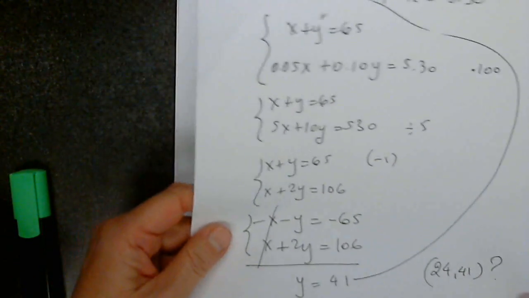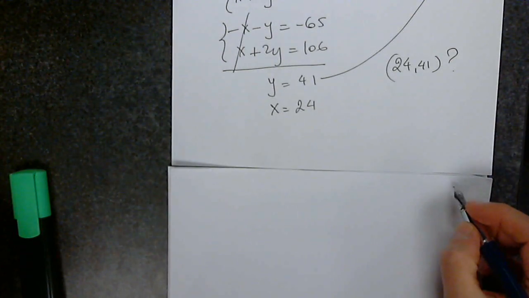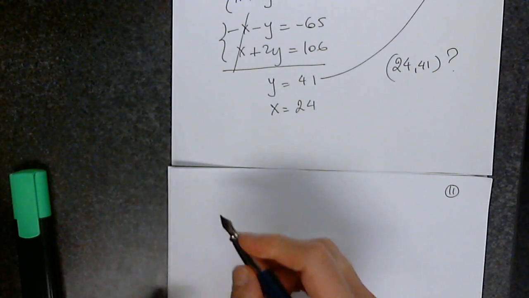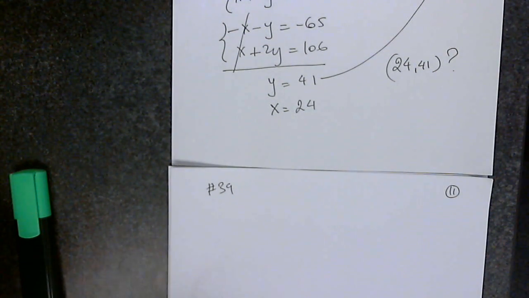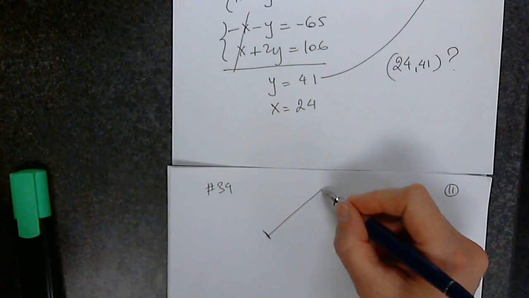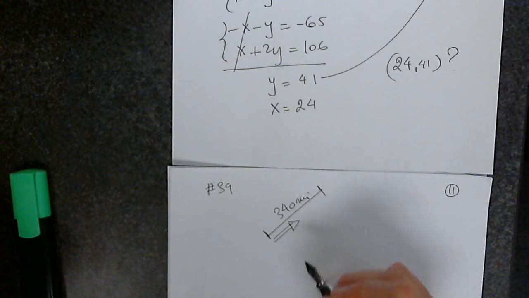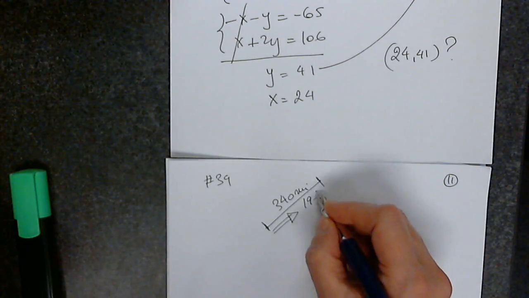Okay, I have one more problem and then I'll do whatever else you want. I finished everything that I needed to review. So 39, let's look at 39. A riverboat can head 340 miles upriver. So 340 miles going up in 19 hours.